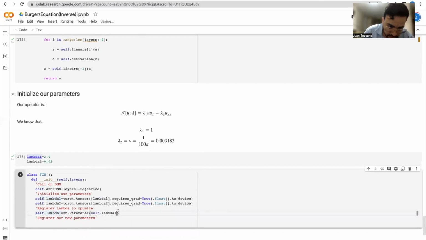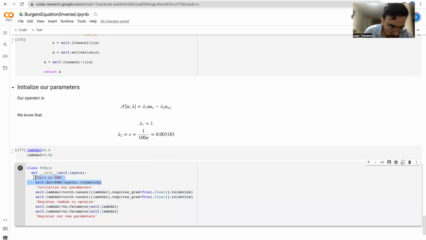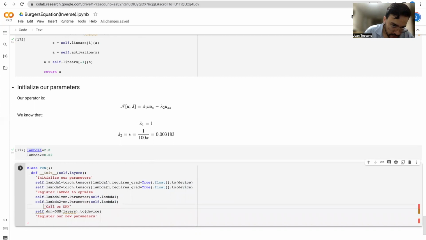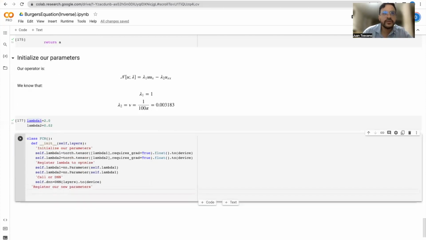And we will do the same for our lambda 2. Let's call our neural network after we have initialized our parameters. We're good. Now register new parameters. To do that, we will say self.dnn.register_parameter, self. What's wrong here?